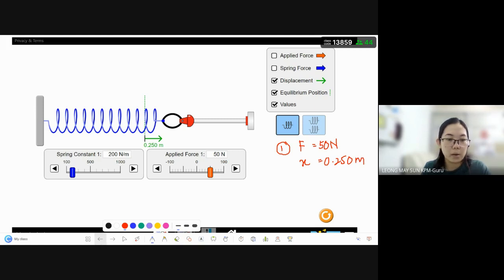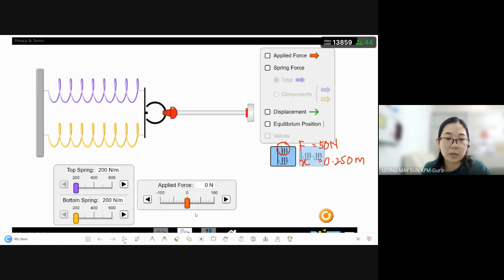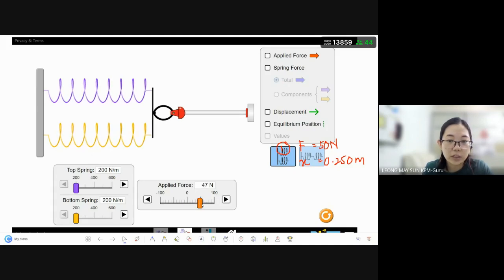Now, normally for springs, we will have arrangements of the spring. Let's just say this is side by side, which we know as a series, not series, a parallel arrangement. If I apply a 50 Newton force, let's see what is the extension.